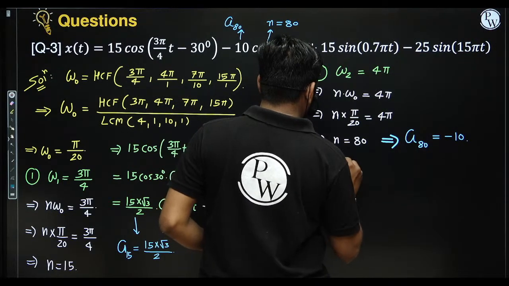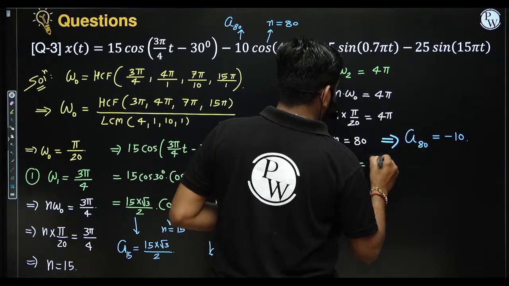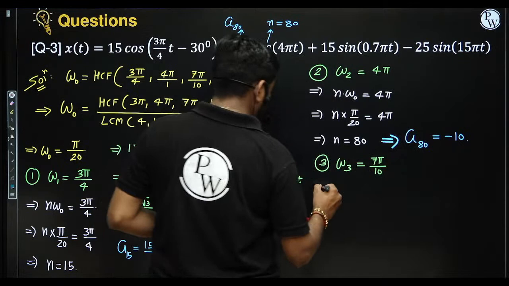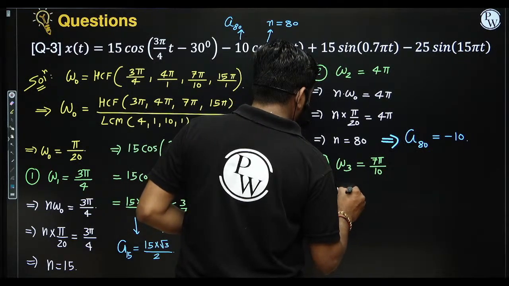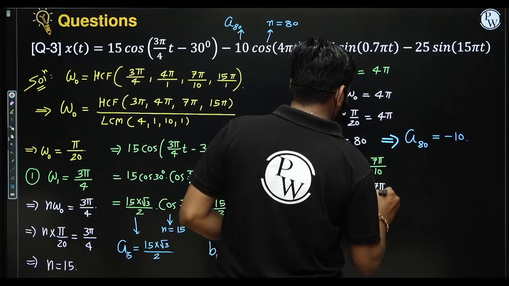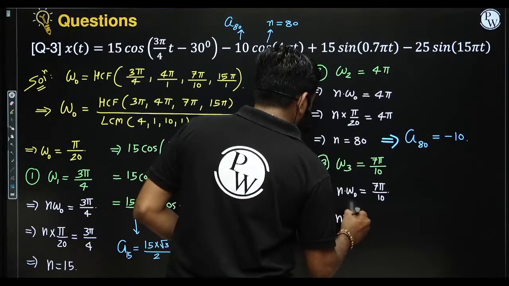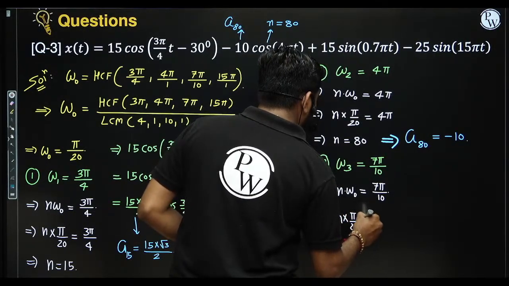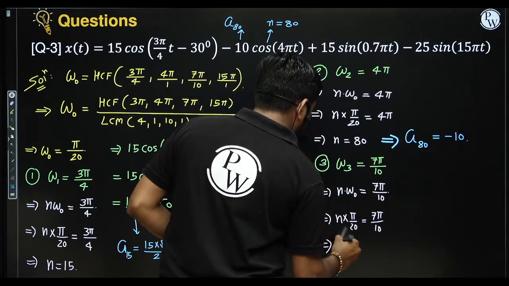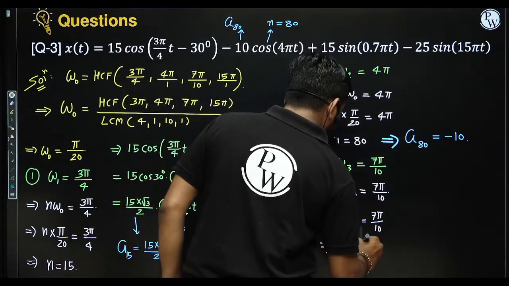Now next, number 3, guys. Number 3, omega 3 is equal to 7 pi by 10. 0.7 pi means 7 pi by 10. So compare with the standard format n omega 0. So n omega 0 is equal to 7 pi by 10, guys. Okay. So here the fundamental frequency is pi by 20, n times pi by 20 is equal to 7 pi by 10. So from here we will get the value of n, it is 14.